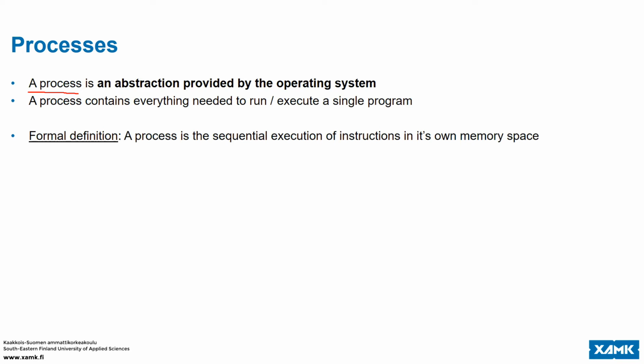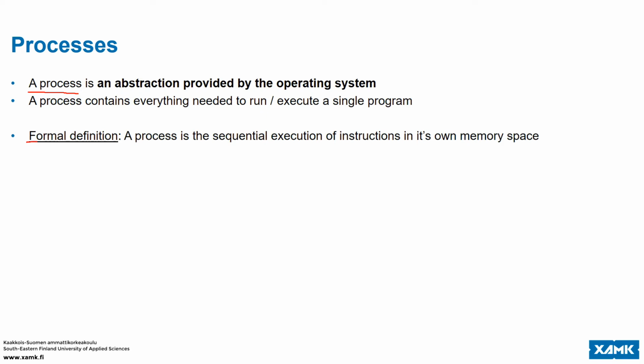And what a process is, basically, is everything that is needed to run and execute one single program. So it's all of the code for that program that ultimately ends up being executed by the CPU, and everything else surrounding the code.